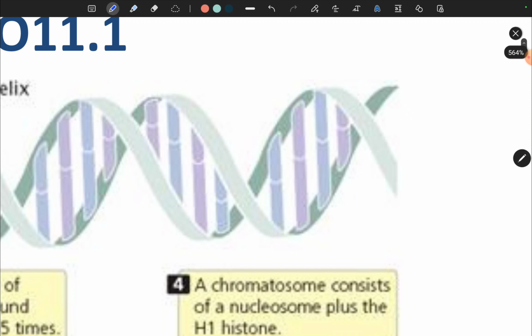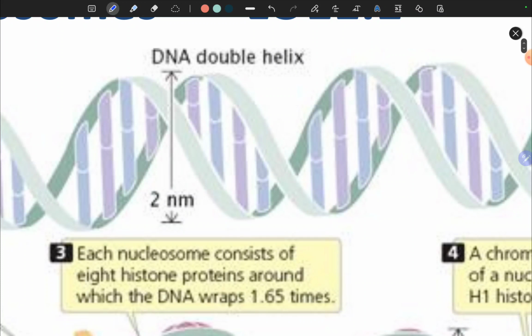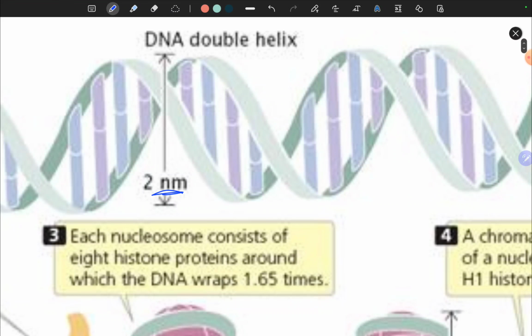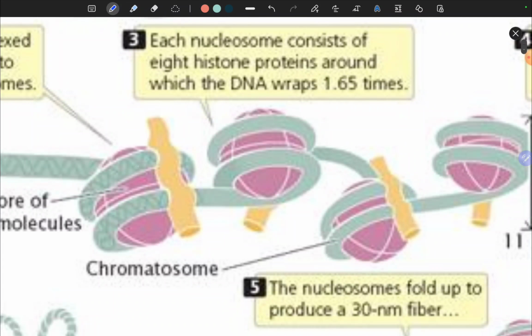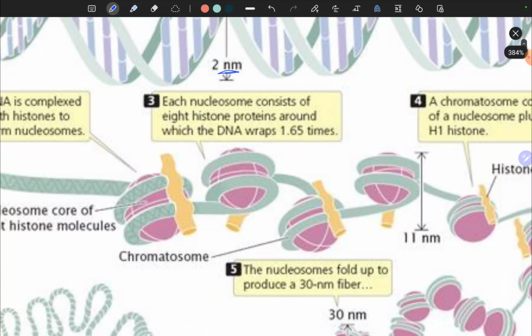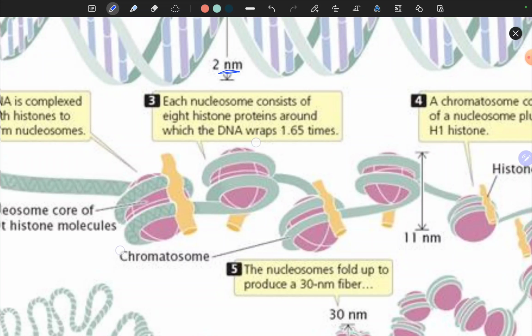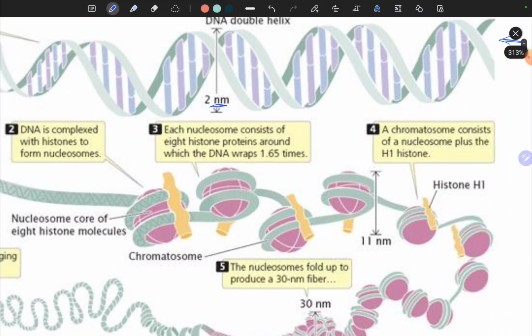So here we have the double helix, and we go to the left, and we have a very small structure. We have 2 nanometers in diameter. Then this will be rewound or convoluted upon itself until we come to the level of the nucleosomes. These are proteins, histones, in which the DNA will be wound around them.